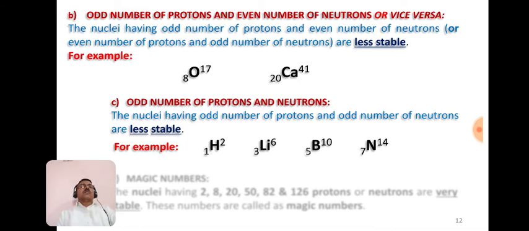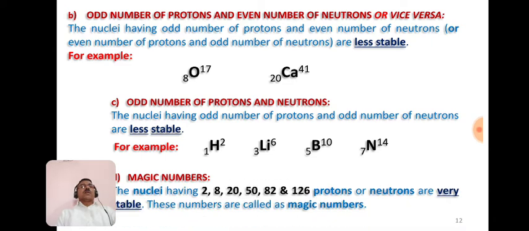Now here next is magic numbers. So there are some nuclei having number of protons equal to 2, 8, 20, 50, 82 and 126, or nuclei containing 2 neutrons, 8 neutrons, 20 neutrons, 50 neutrons, 82 neutrons and 126 neutrons.